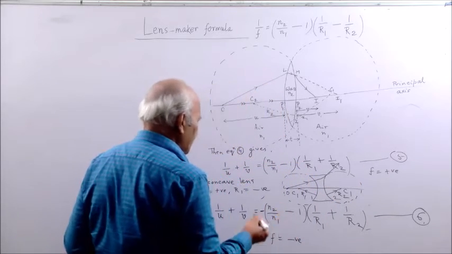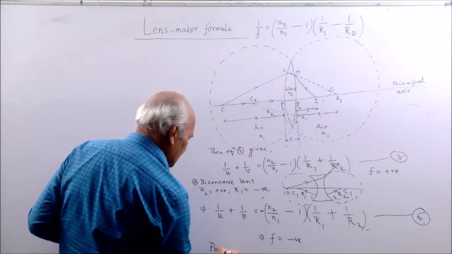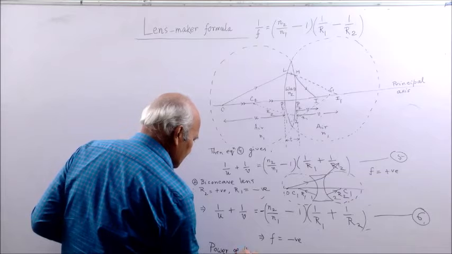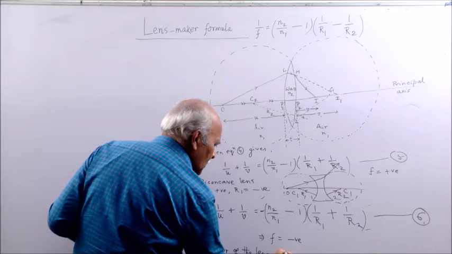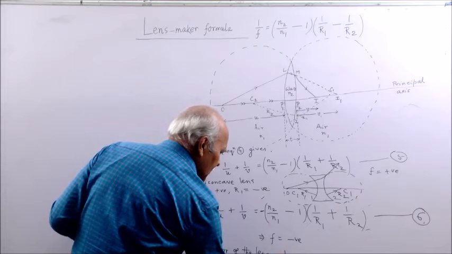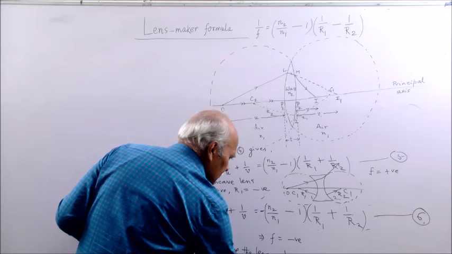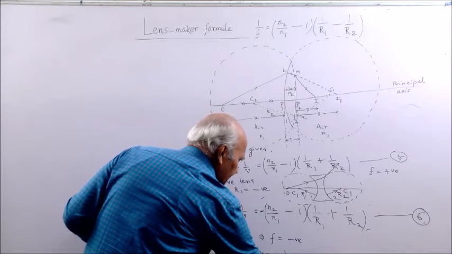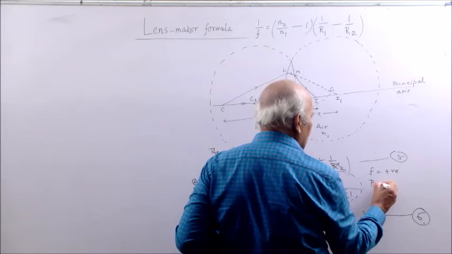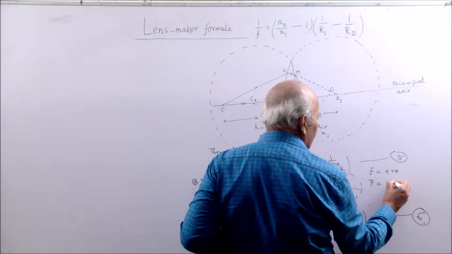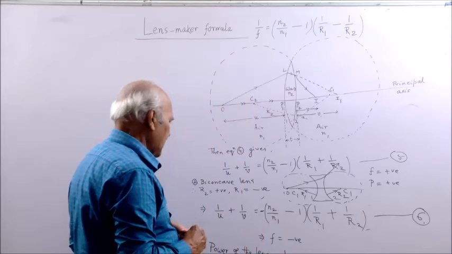So the power of the lens, as you know, power of the lens is equal to 1 by f in meters, which is negative for this one, and for the other one P is positive. For the convex lens power is positive, for the concave it is negative.